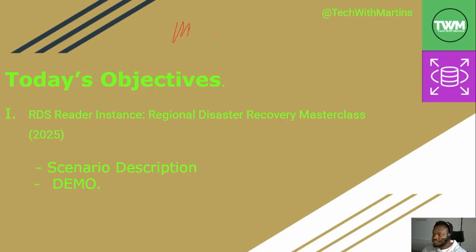Everybody knows that if you want to maintain high availability and disaster recovery between maybe your AZ 1A and AZ 1B, you simply configure your RDS instance to be a multi-AZ instance. In the event of a disaster in AZ 1A, availability zone 1B is going to take over. So we are used to all of that.